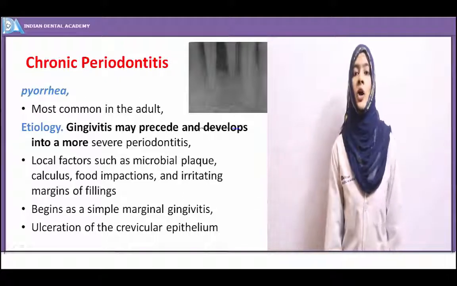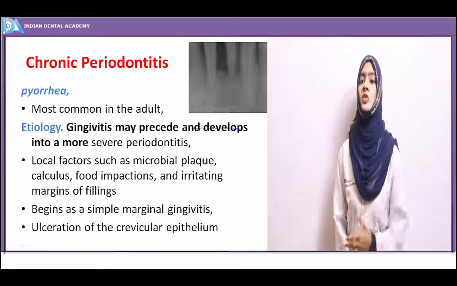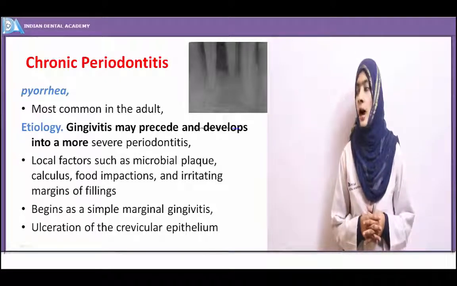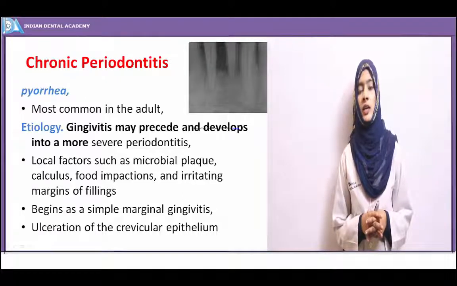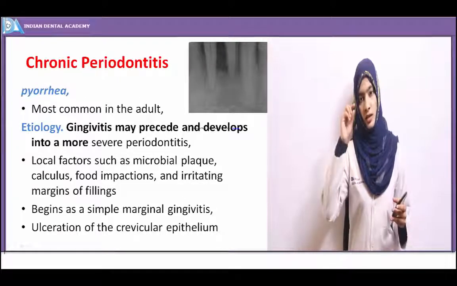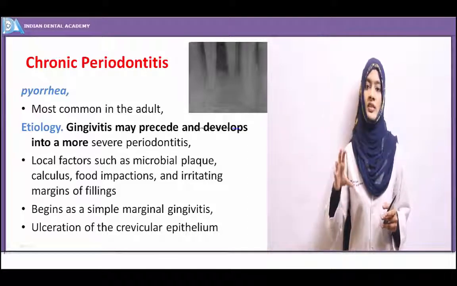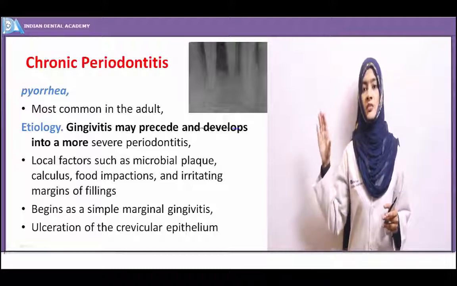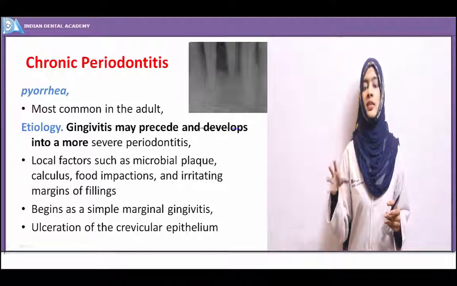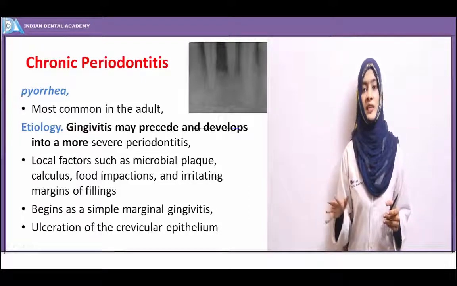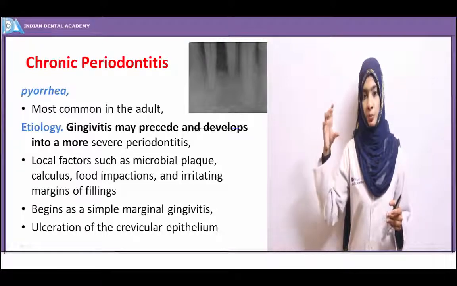Okay, chronic periodontitis is the most common form of periodontitis seen in the oral cavity. It is also known as pyorrhea. It is most commonly seen in adults. Initially, any inflammation begins as gingivitis. Once chronic gingivitis is present for a decade or so, due to alteration in the microorganisms or due to extreme exaggeration of the inflammation, this gingivitis progresses to periodontitis.